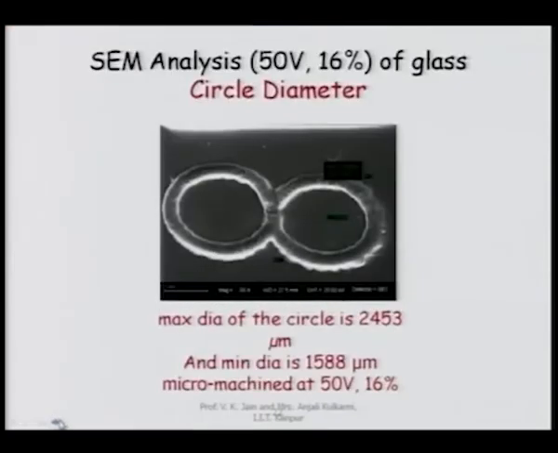Now, this is a very peculiar, very interesting figure that was made at IIT Kanpur by Anjali Kulkarni during her PhD work. A complicated channel has been created in the shape of 8, as you can see over here, and this is quite accurate as far as width and uniformity of the diameter are concerned. This was machined at 50 volt.